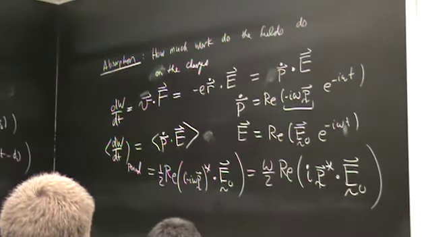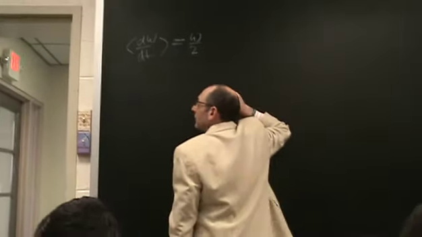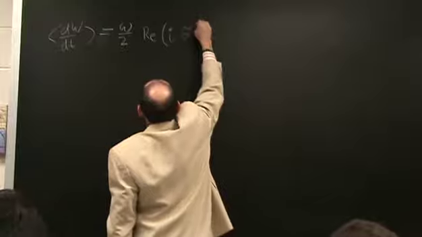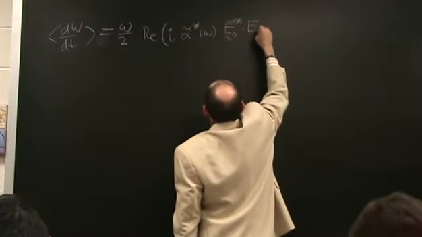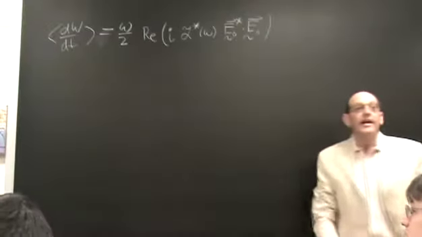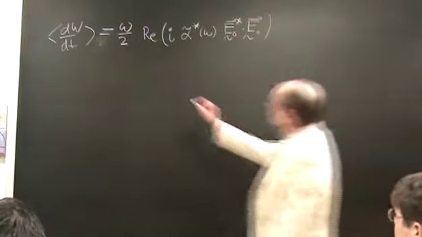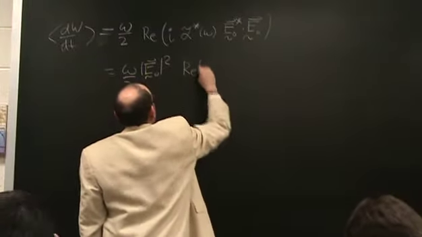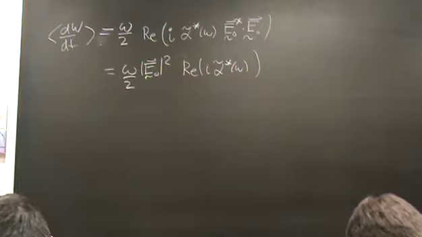So what we find then is that the time average rate at which work is done on the charges is equal to omega over 2 times the real part of i alpha star, plugging in P with alpha E. What is the real part of i times alpha twiddle star?